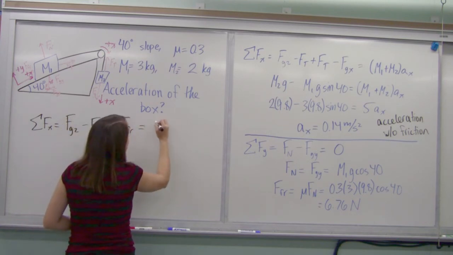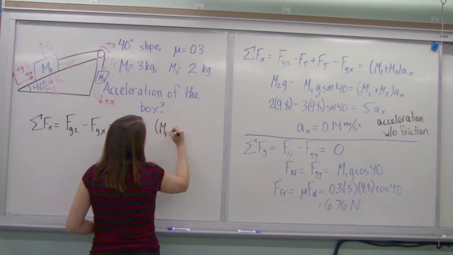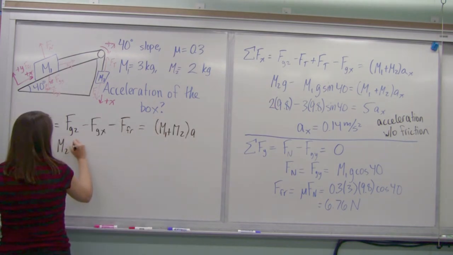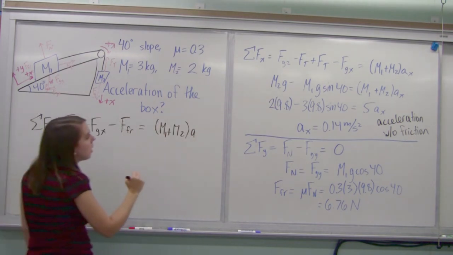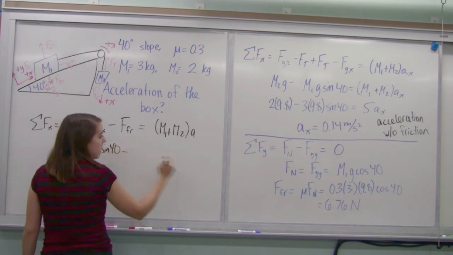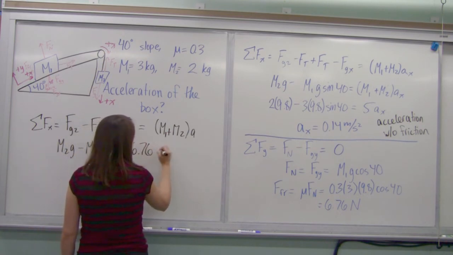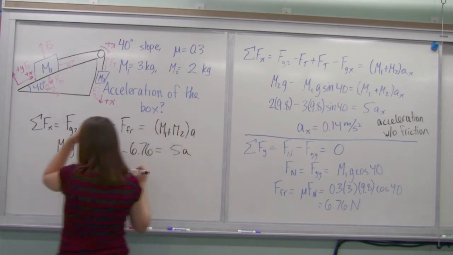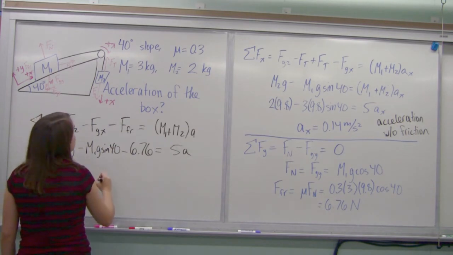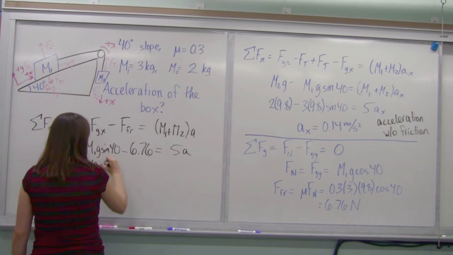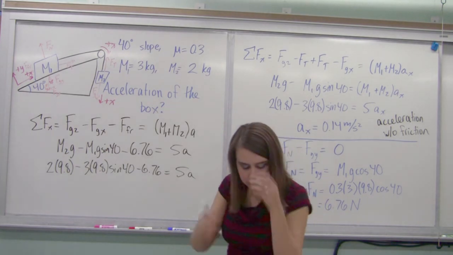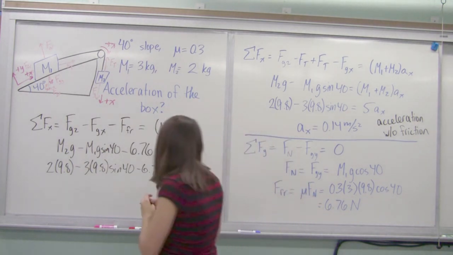It's going to be m1 plus m2 times acceleration, m2 times g, minus m1g sine 40, minus, we just figured out this is 6.76. This is 5 times the acceleration, and 2 times 9.8 minus 3 times 9.8 times sine 40. And if I solve for acceleration here, I'm going to get negative 1.21 meters per second squared.